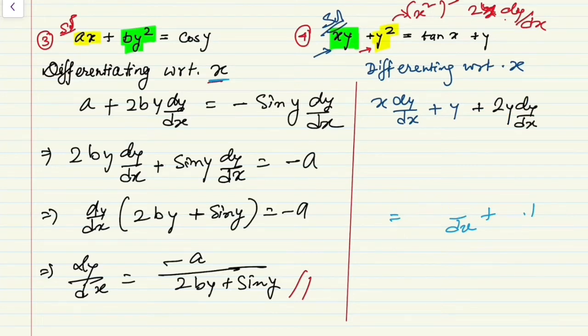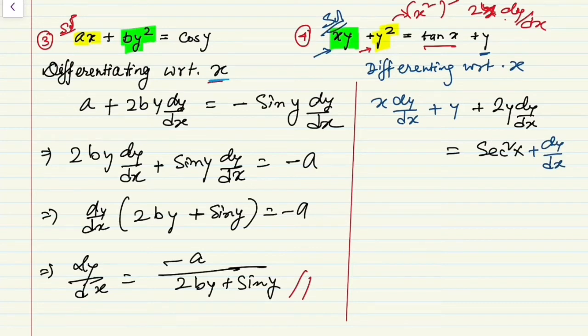Then on the other side of the equal sign, the derivative of tan x is sec square x. And then we have y, and the derivative of y will be given by dy by dx.